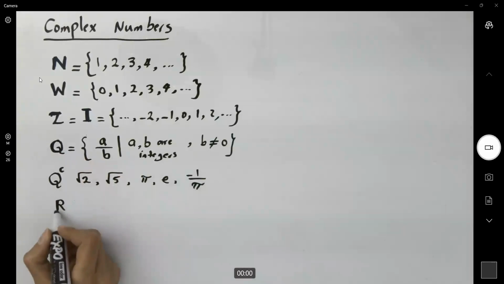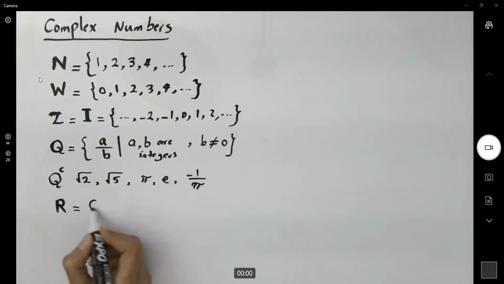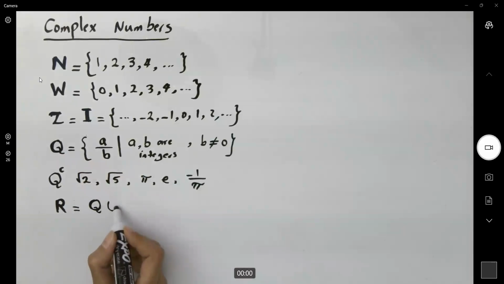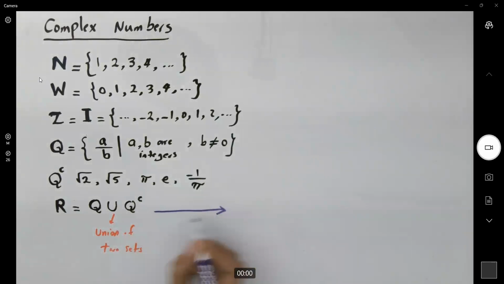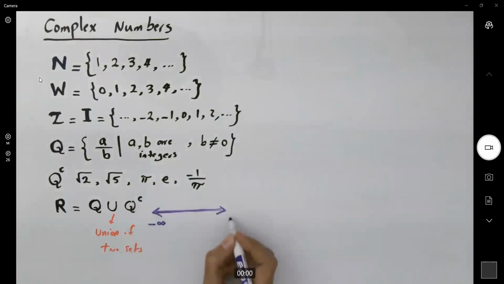R is the union of rationals and irrationals. This is the union operation between two sets. So remember that we denote this by the real line, and when we are graphing, plotting points, we have the x-axis or y-axis representing R, negative infinity to positive infinity.